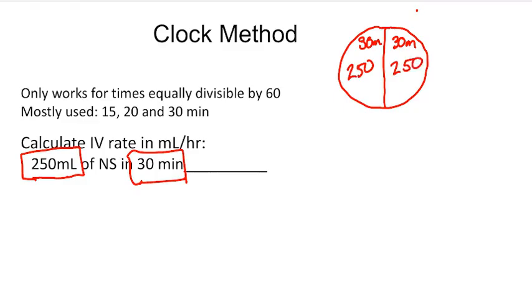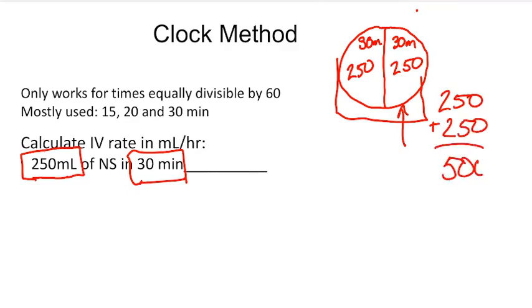So that's a whole hour of time, even though I'm only doing 30 minutes. So in this case, I would add 250 plus 250, and that would be 500 milliliters per hour, adding up. So calculating 250 milliliters in 30 minutes is 500 milliliters per hour using this clock method.